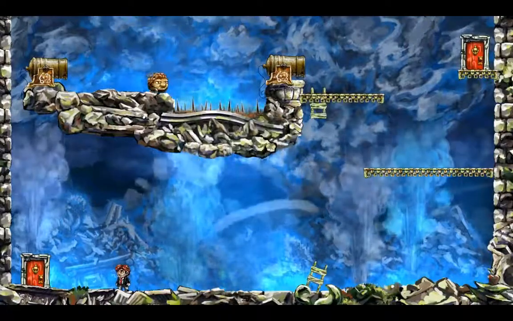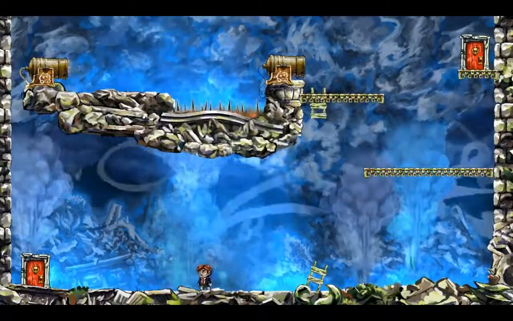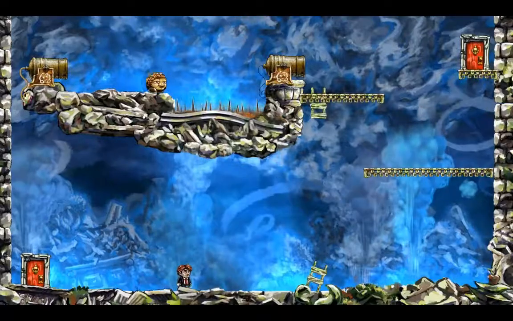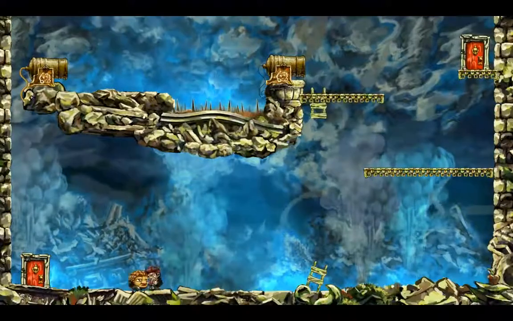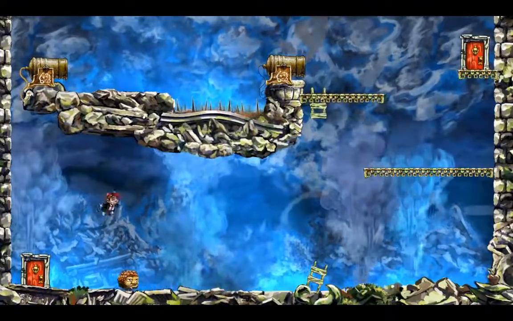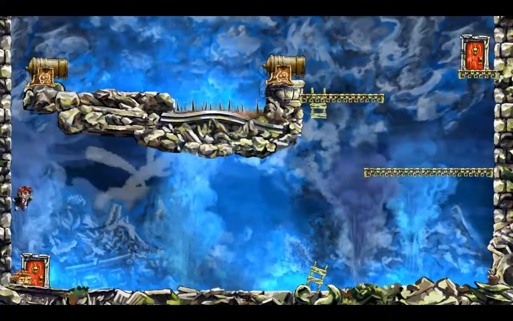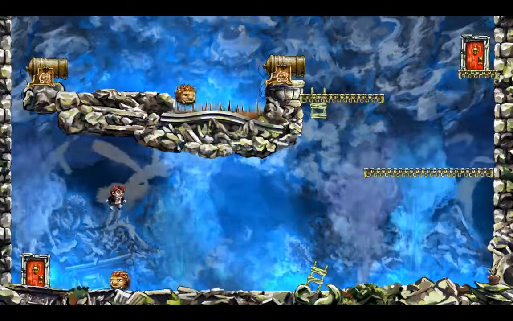This is the same puzzle except, oh, the ladder's gone. Okay, so this is what I did last time. Basically, I have to bounce on his head to get up there. Ow. I can do this forever.